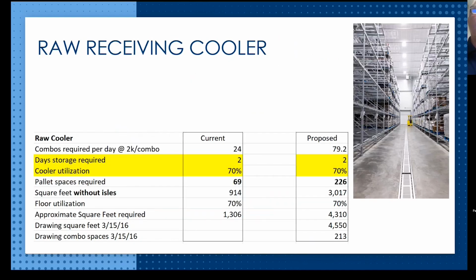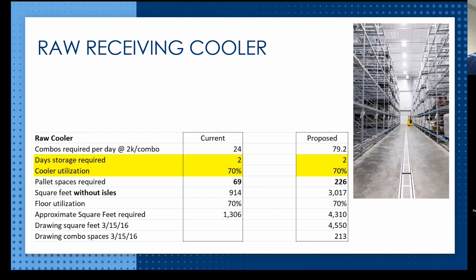Then we start looking at the process. Most processes start with receiving and going to a raw cooler storage. Based on the weight per pallet or combo and a utilization factor, we need to see how many storage spaces we need to make sure we're not creating a constraint with storage.